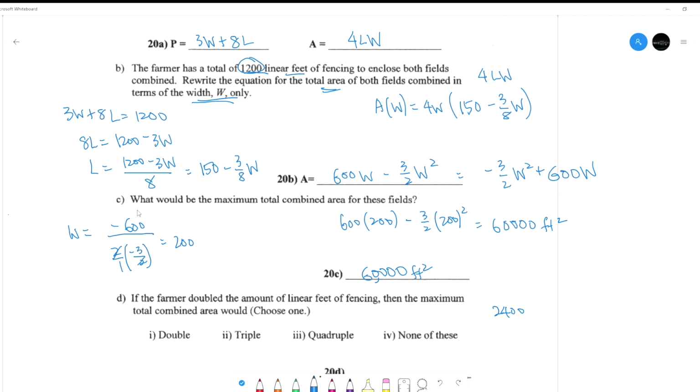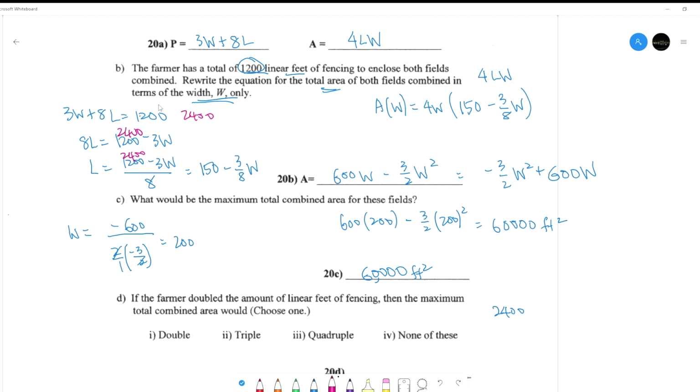What happens? So basically, you see how, look over here, this number changes to 2400. So this would be 2400 minus 3w over 8, right?